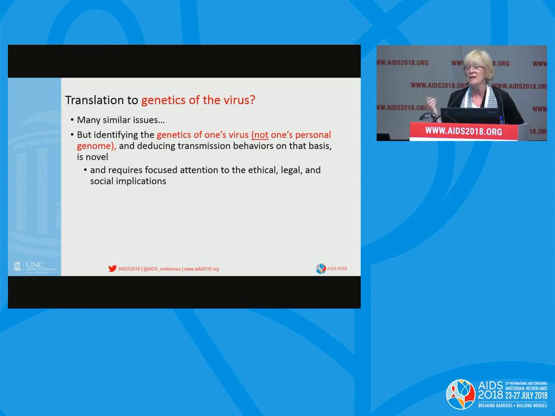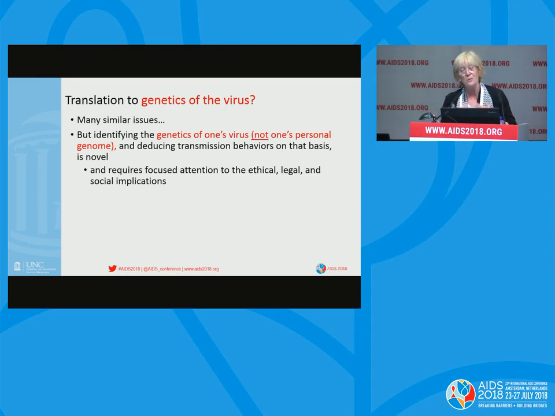It's novel. It's not been done. Although it's not just HIV. Since I've been here, I've learned that, for example, TB is also being subjected to the same kind of phylogenetic work. So this is going to expand in the genetic identification of all kinds of pathogens.